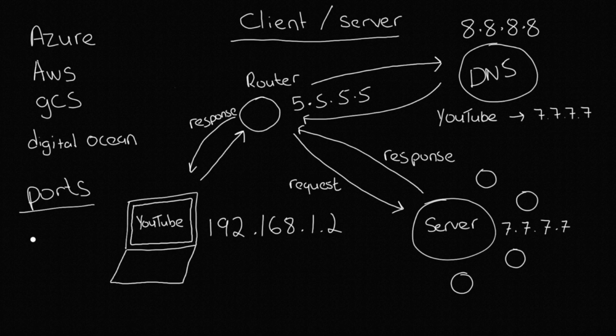This is just something to keep in mind, because if you try and run a web server on a port that's already in use, this might be something you've run into in the past when you've been developing software locally.